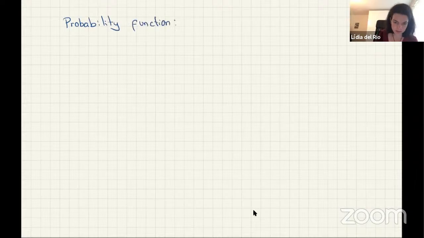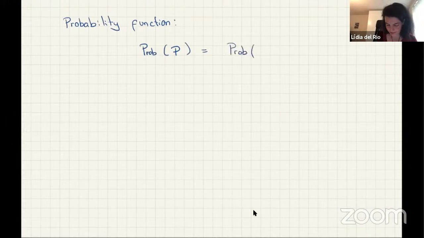Function where we write the probability of some projector P, and this is a bit unfortunate on my side because both start with P. This is what we mean by the probability of getting this P given the pre-selection and the post-selection, which is exactly this thing that we saw before.